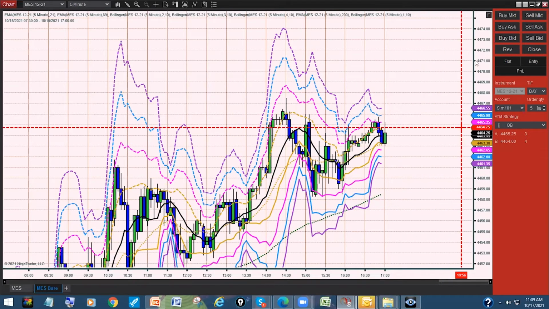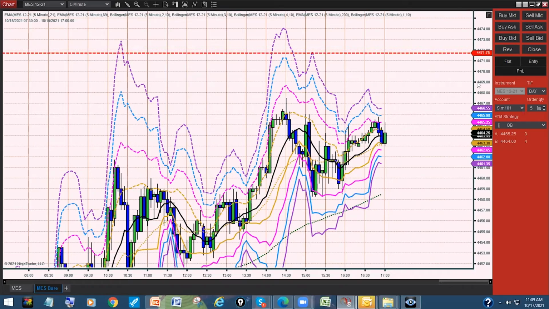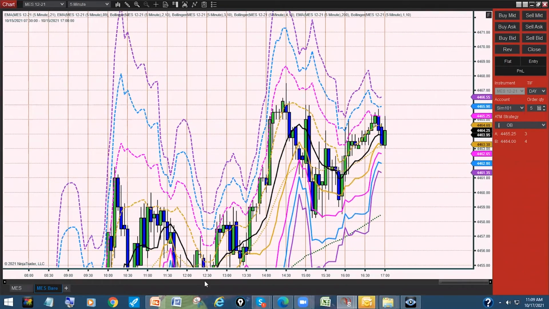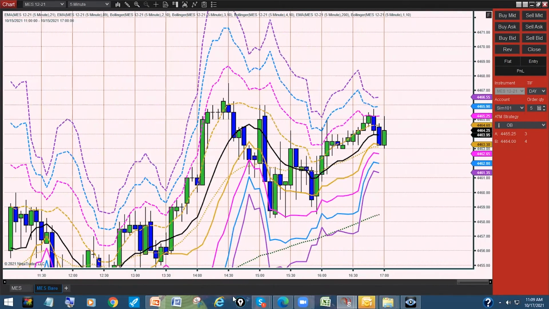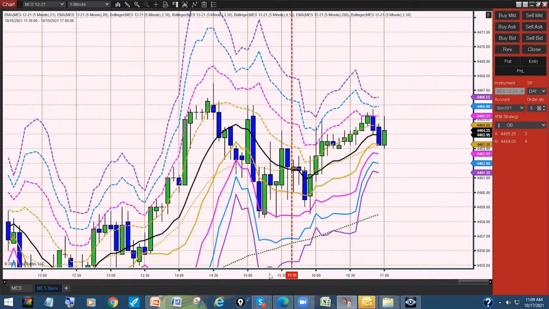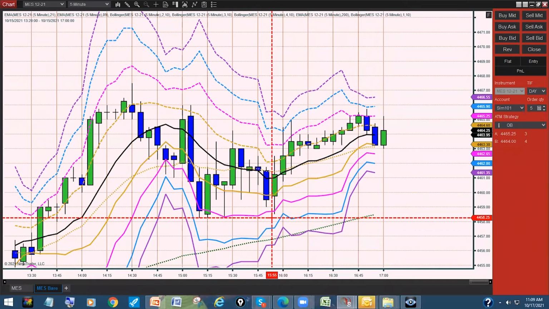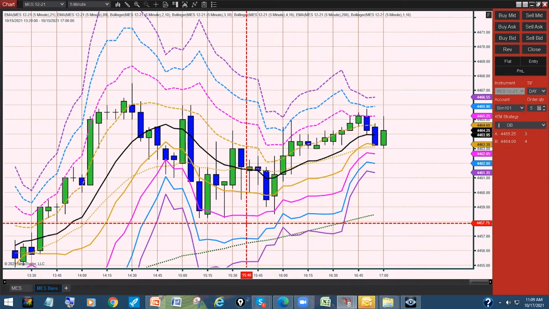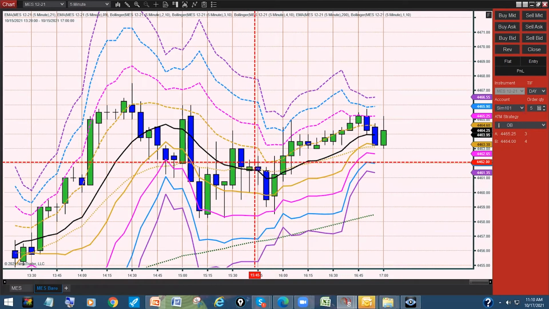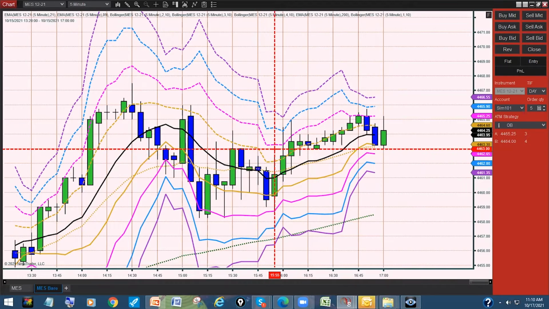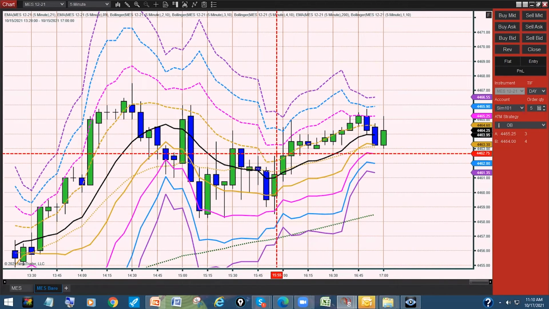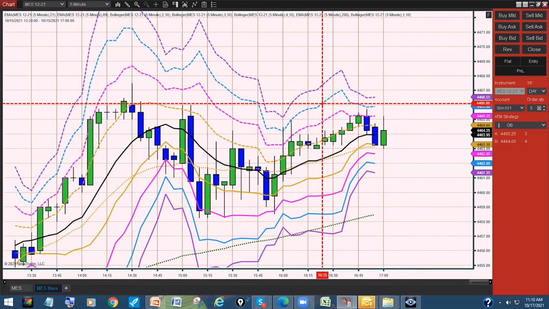Okay, so now this chart gets a little bit busy, so just bear with me here. What I've done is I've made these bold. And so we're looking for a situation where the price action comes outside the 1 sigma and runs to a 2 or 3 sigma.